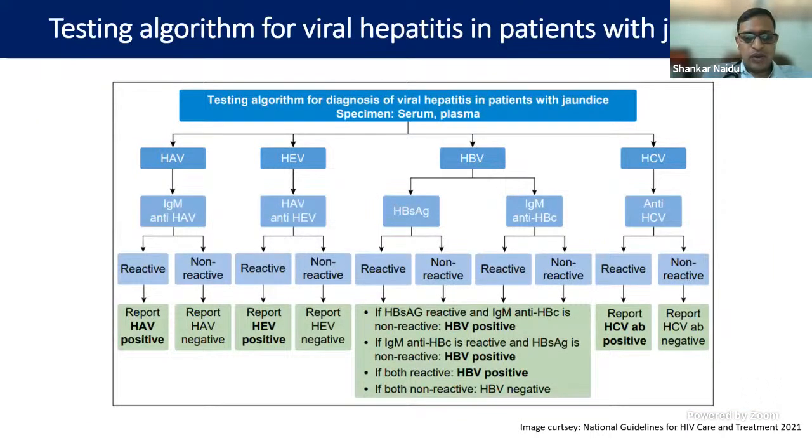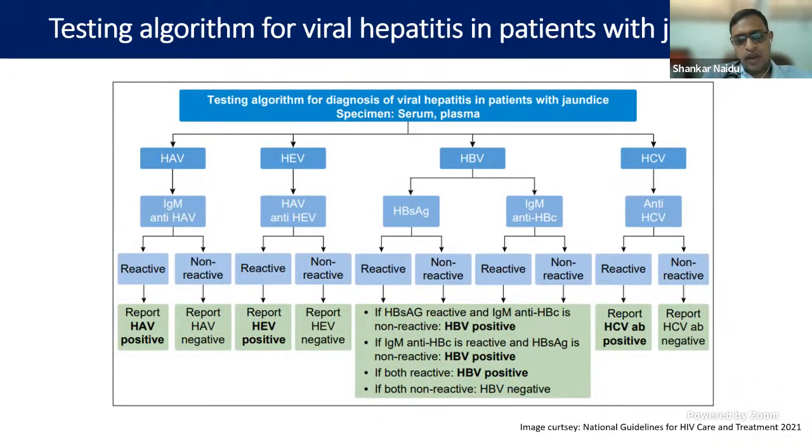So this is an algorithm taken from the NACO 2021 guidelines regarding the testing of various hepatotropic viruses in the presence of jaundice. So for hepatitis B, as I've already highlighted, we should screen with hepatitis B surface antigen, and we should also test for the IgM anti-hepatitis B core antibody.